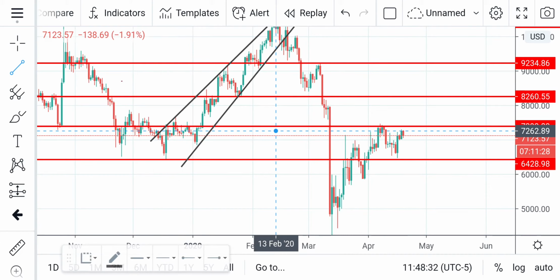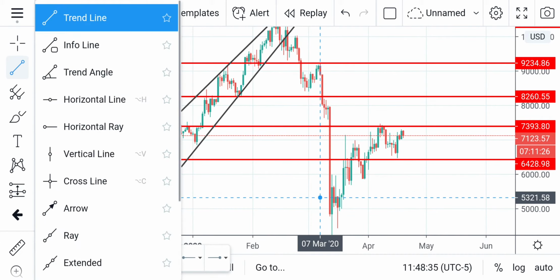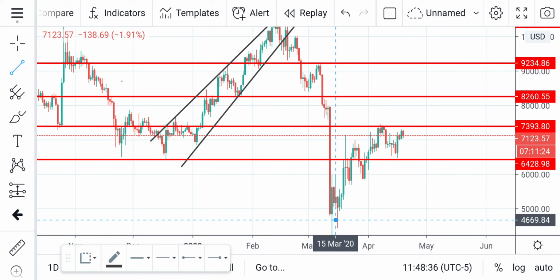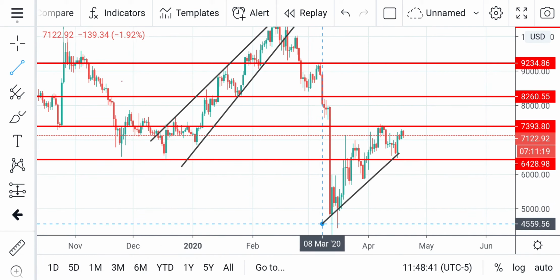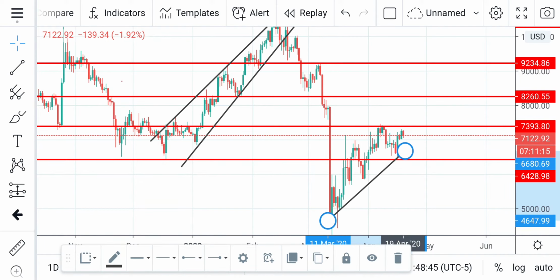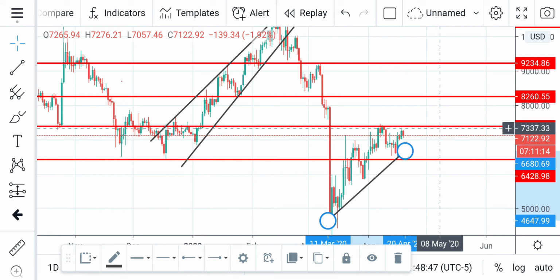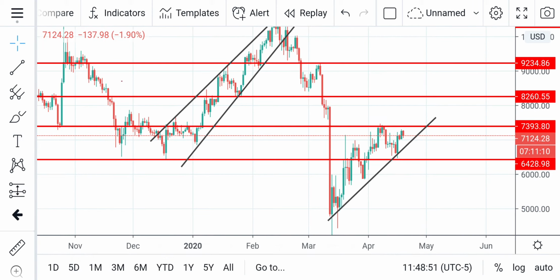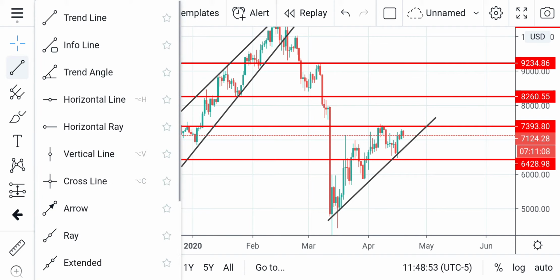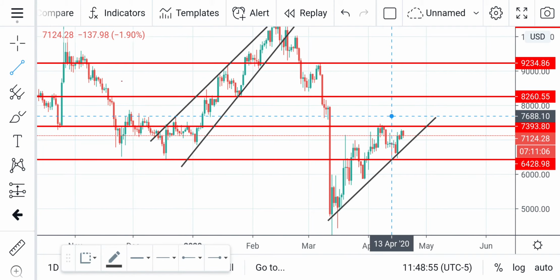You can just use your trend line over here and draw your trend line, and draw the upper one too.